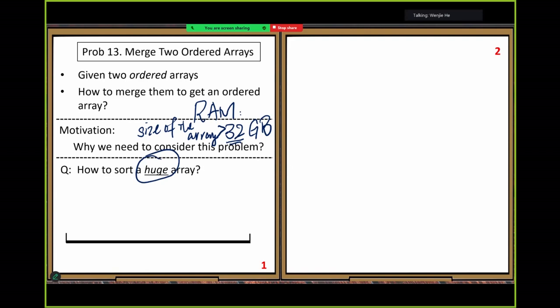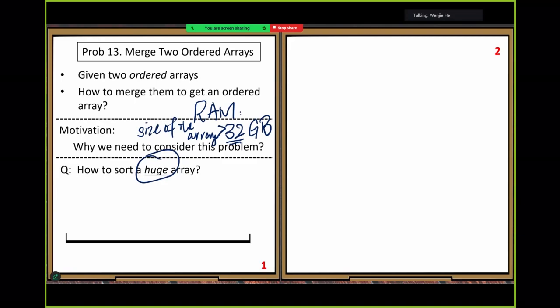That could happen, although the probability could be very small. But here, we just think about how to handle large data size. We need a solution: divide and conquer. Remember, in this module, the title is divide and conquer. Can we use divide and conquer?